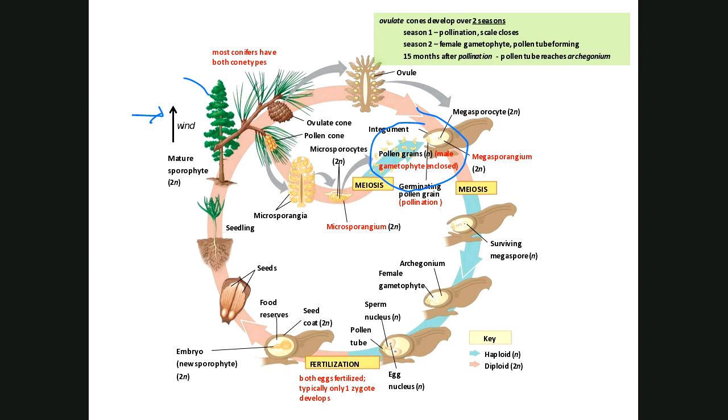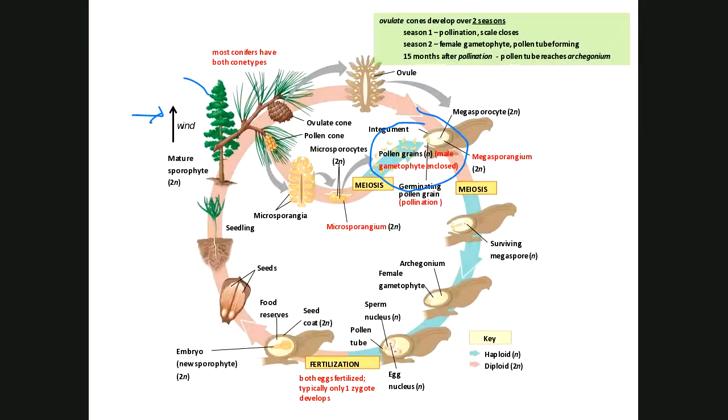And in pine trees, that actually occurs over 2 seasons. If you look up in the little green box in the upper right, in season 1, pollination occurs. The pollen grains float over and find themselves in the megasporangium, right? And then the little scales on the pine cones close.